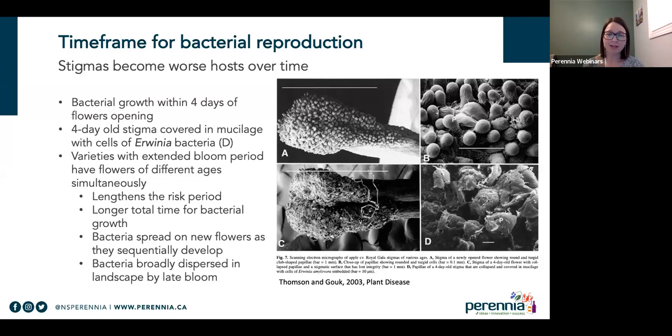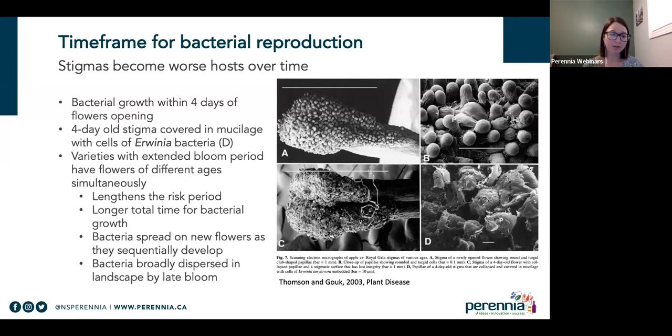So if you've got an old flower that has this population of bacteria that's been able to grow, and then you've got a newly opened flower right beside it, then there's the potential that bacterial population can very quickly move on to new flowers. So it lengthens the risk period for a particular variety if it has that extended bloom period, and there's a longer total time for that bacterial growth on an individual tree.